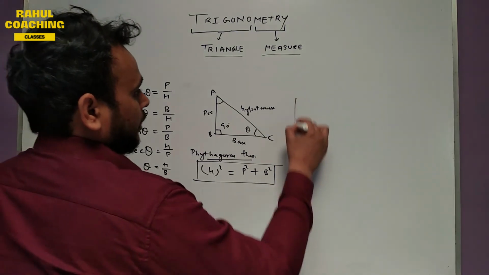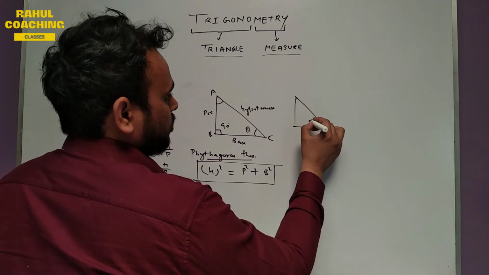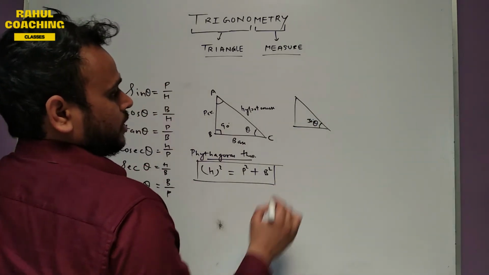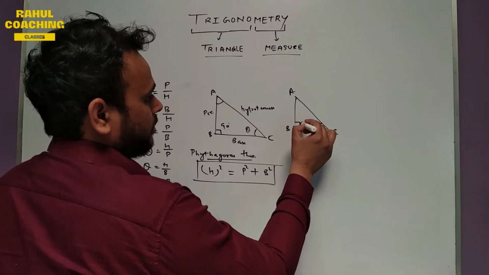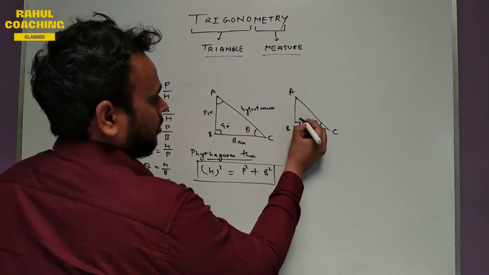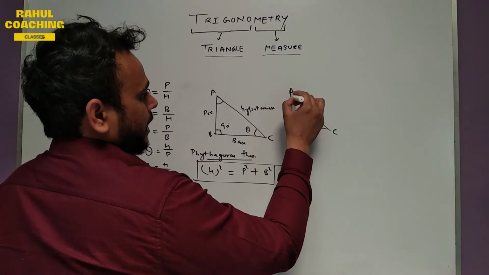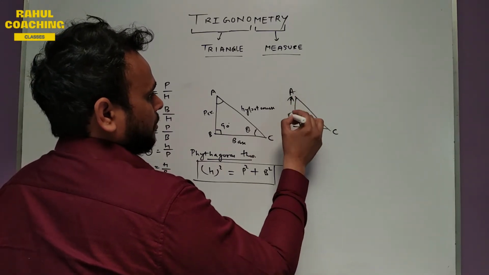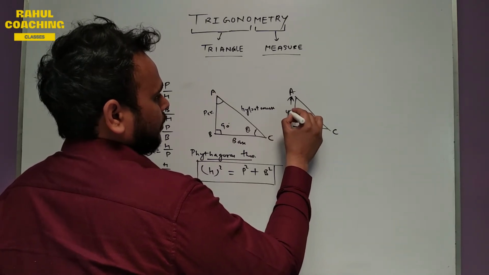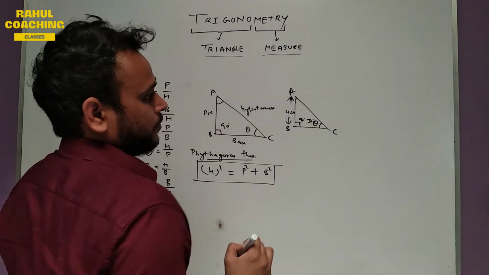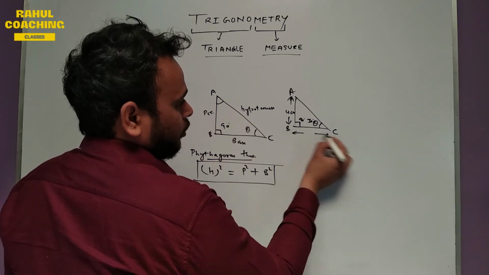Like, if I draw a triangle and take this angle as theta, which equals 30 degrees, and the vertices are A, B and C, with the 90 degree angle at B. Let's say AB equals, you can take any value, like 4 centimeters, and you have to find the value of BC.